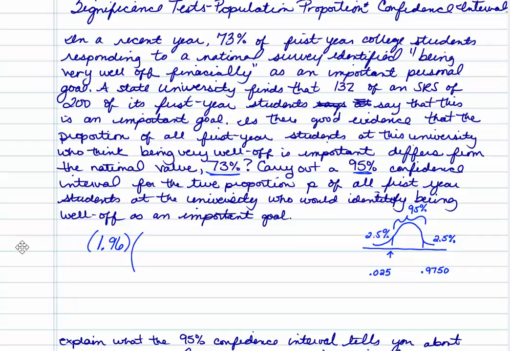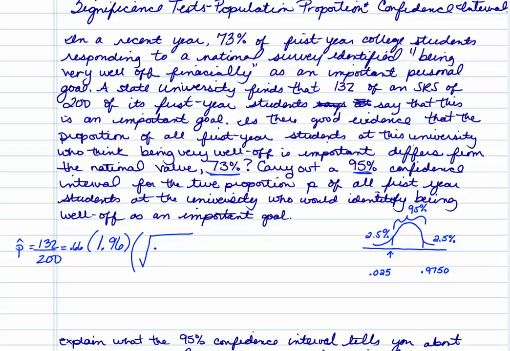And our standard deviation, no one's been having really questions about calculating the standard deviation of the statistic anymore. We've got 132 out of 200. That's going to be our sample proportion, which gives you about 66.66%.